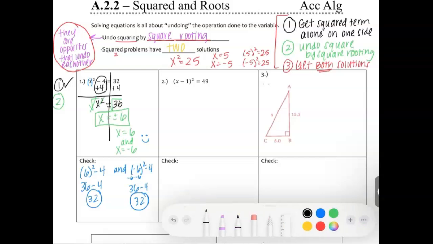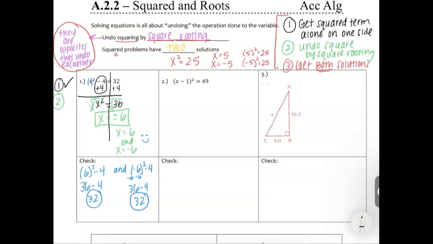Okay, let's try the next one. We are asked to first get the squared term alone. Well, if you notice, it actually is. Unlike the first problem, there's more inside of the parentheses than just x, but there's nothing outside of the squared that we need to get rid of.